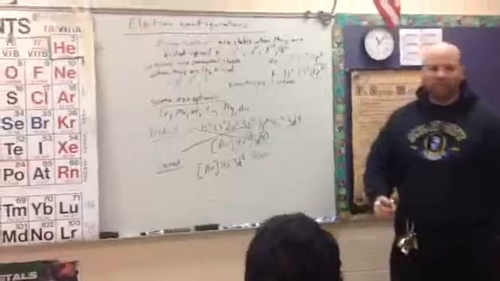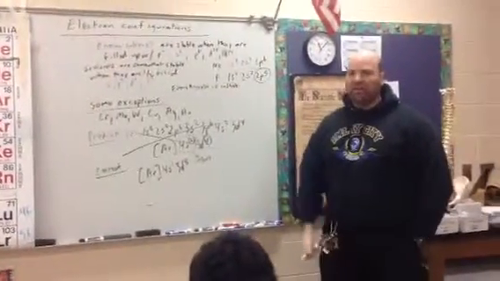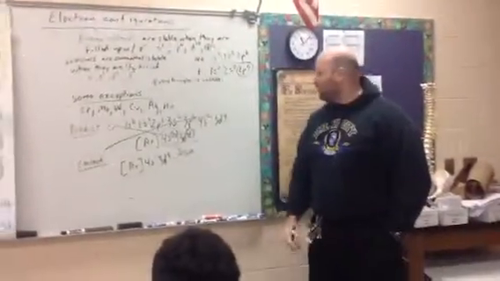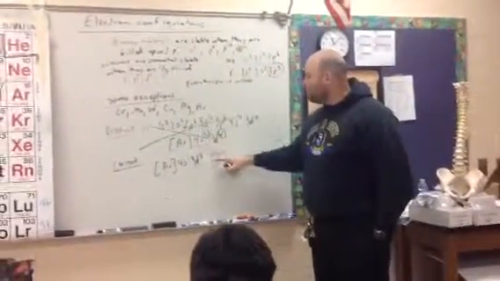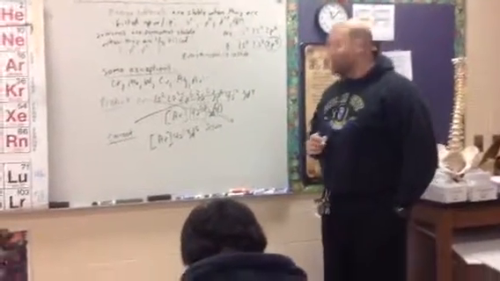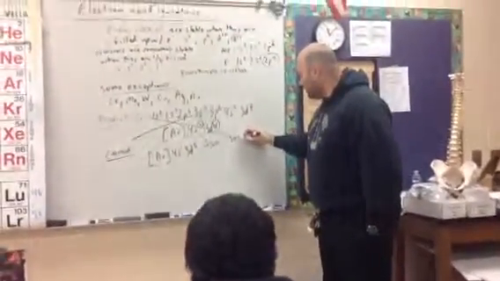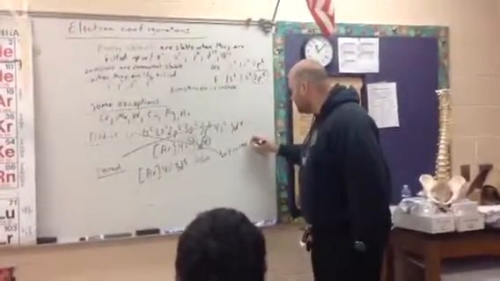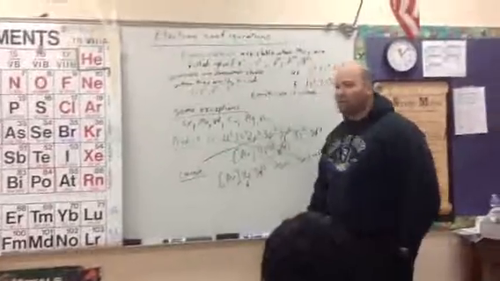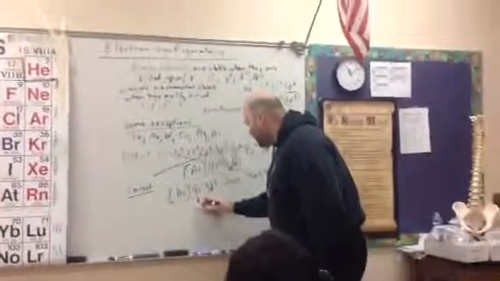So if you're filled up, you're really, really stable. If you're half filled up, you're somewhat stable. Everything else is not stable. So the 4s2 would be very stable. What can we say about the 3d4? Unstable. It's very unstable. And if we go over here, what do you know about the 4s1? Stable. It's somewhat stable.